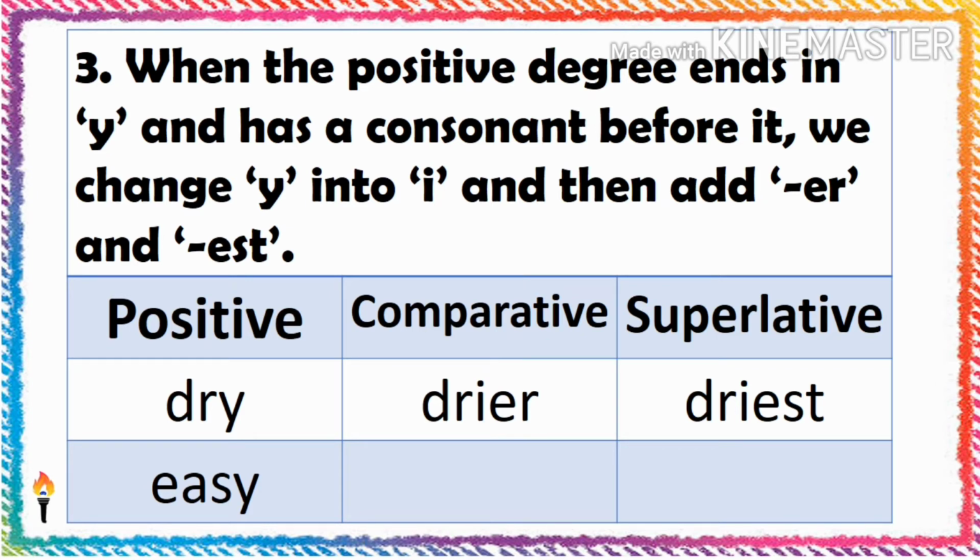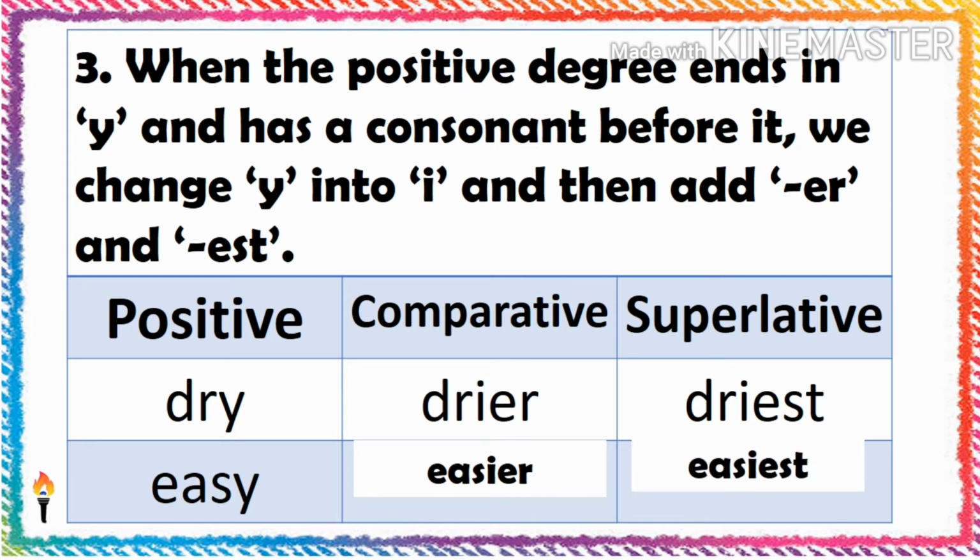From the positive dry, we change the Y into I and then we add ER for the comparative degree, drier. And for the superlative, the word dry becomes driest. Second example, easy, we change the Y into I and we add ER for the comparative, easier. And the superlative, easiest.